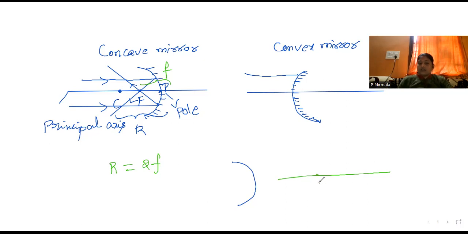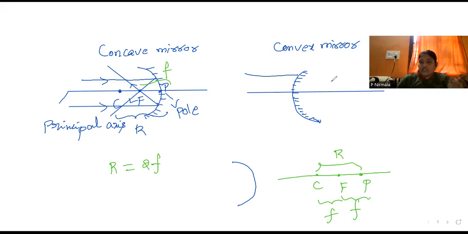C lies here, and P and F. F is exactly the midpoint of CP. So FP is f and this total is R. The C to F distance is also the same as F to P. So R equals 2f. Now it is clear, I think.